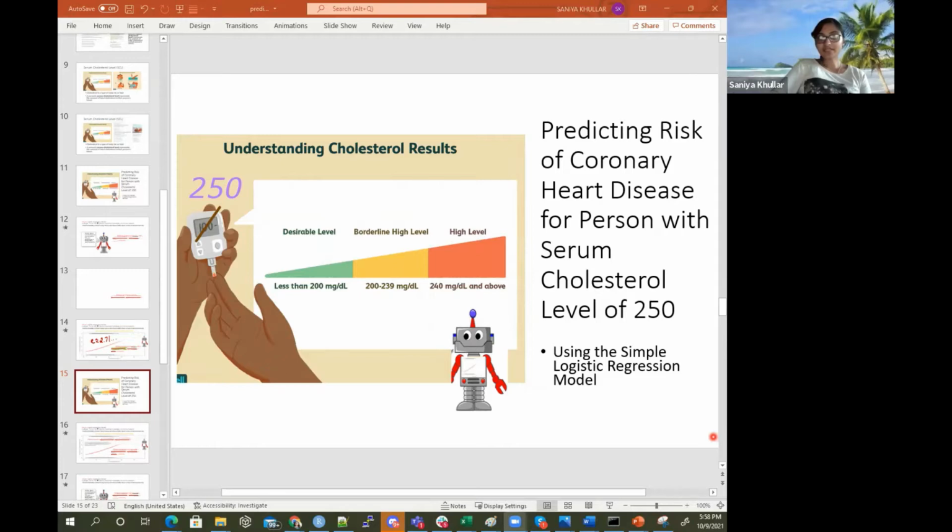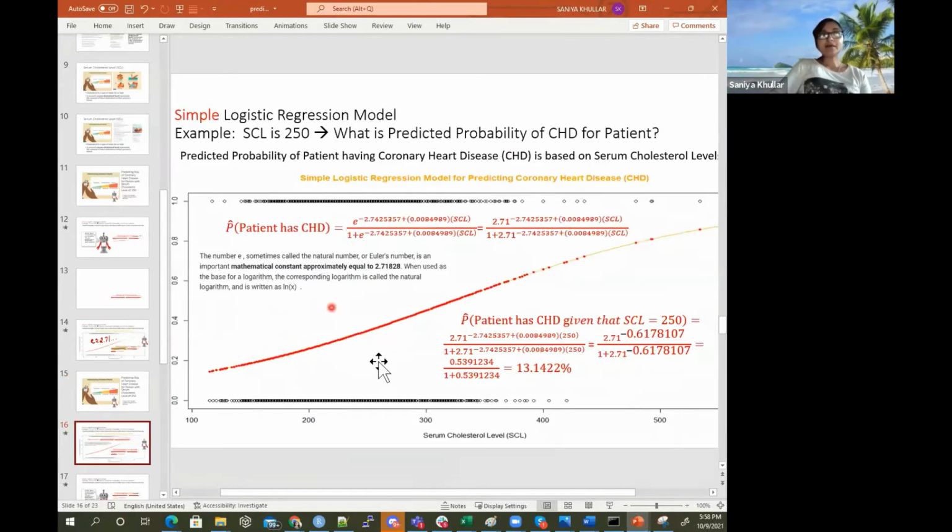So all I do is take the same model again and plug in. This was the predicted probability of coronary heart disease from our model. It looks like this, E over this, where E is just Euler's number, 2.71828. It's some natural number that you learn about in math class, an exponent value.